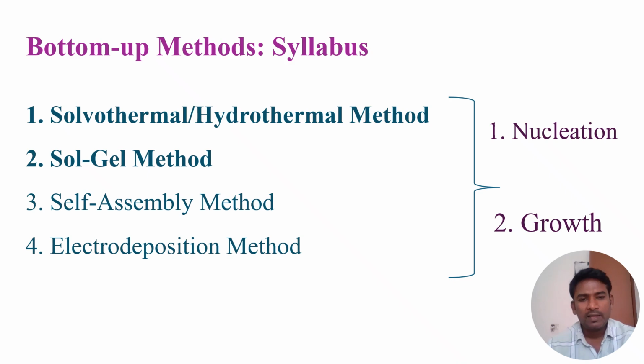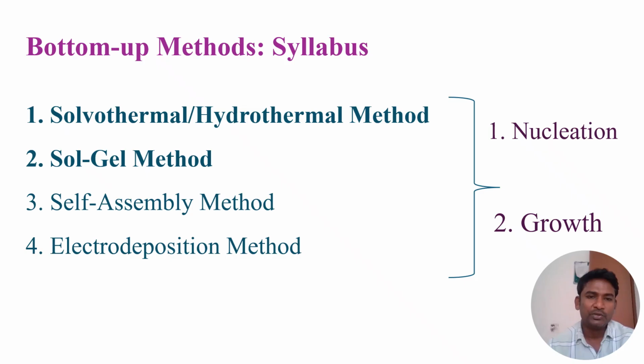Here I have placed four important methods by which we can synthesize nanomaterials, namely the solvothermal and hydrothermal method, the second one is the sol gel method, the third is the self-assembly method, and the fourth one is the electrodeposition method. This does not mean that there are only four methods by which we can synthesize nanomaterials through the bottom-up approach. These are the key examples for bottom-up methods.